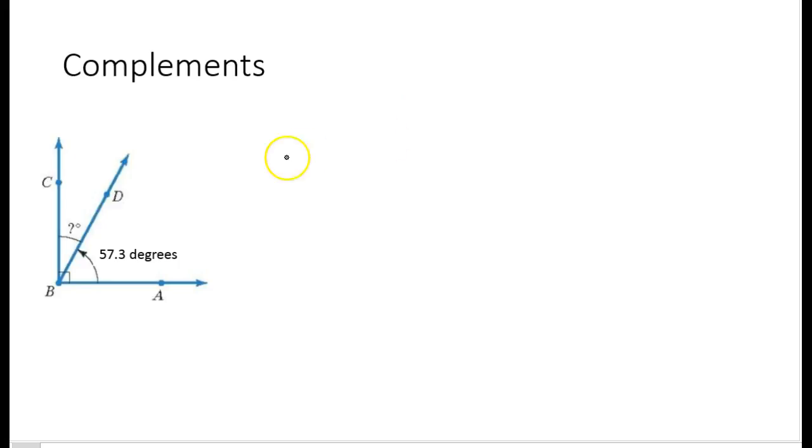Let's take a look at another one. You can see that these two angles are complements, and I've got one angle that is 57.3 degrees, so I would simply say 90 minus 57.3 equals what? What does that equal? 32.7.